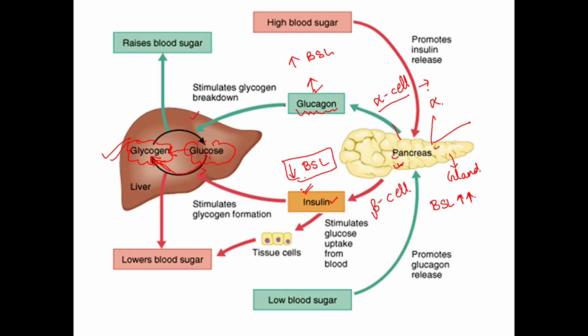Now the liver receives a message to continuously convert glycogen into glucose. Continuous conversion of glycogen into glucose leads to a high blood sugar level, and it helps to raise blood sugar. So this is how both hormones help to maintain the blood sugar level. On the other hand, the gland also plays a major role. Why? Because the gland makes the hormone.